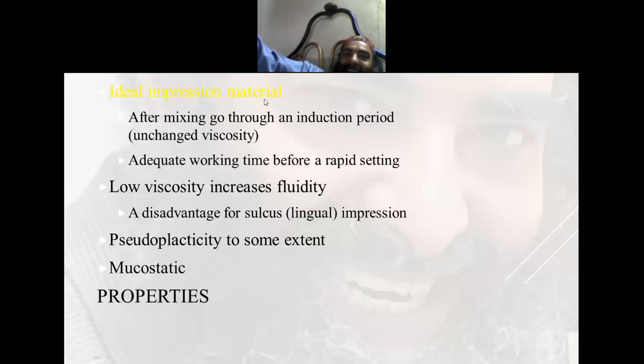Like that, after mixing, you are prepared in August or in November for your classes. But the induction period was so long that till now you are not able to say anything about your induction, whether it is proper or not. So that is the induction period.